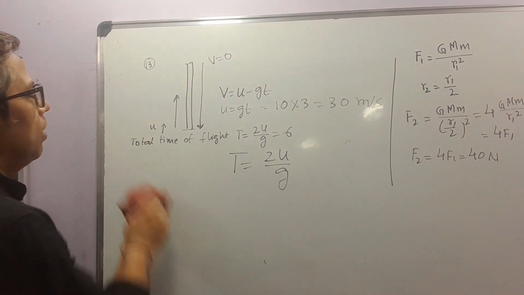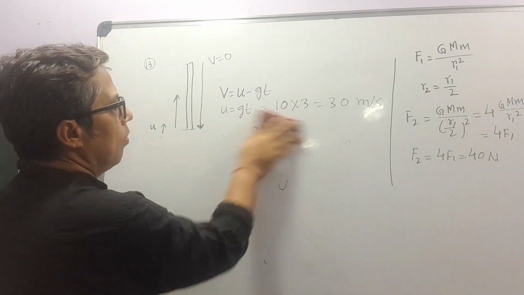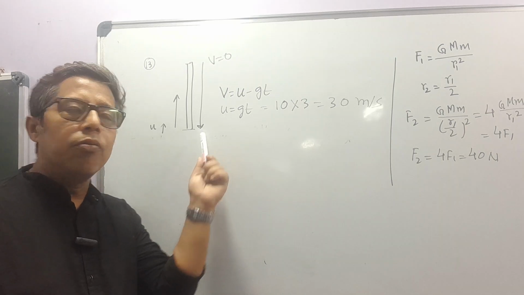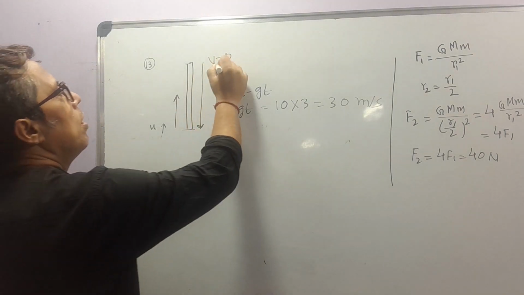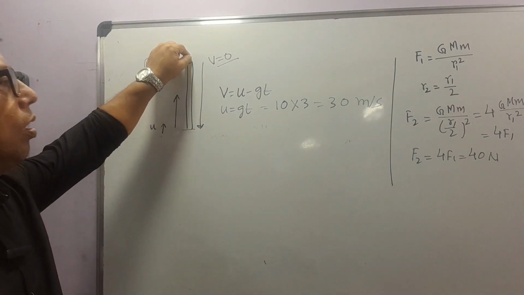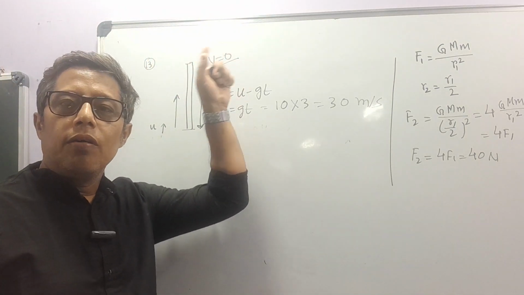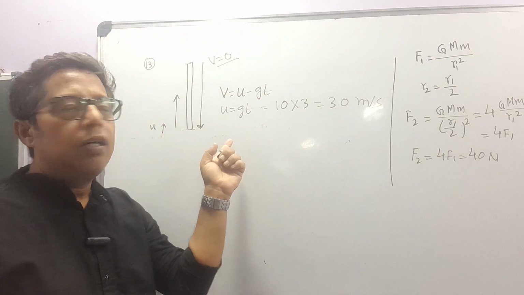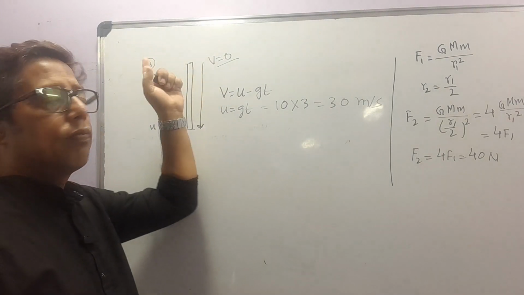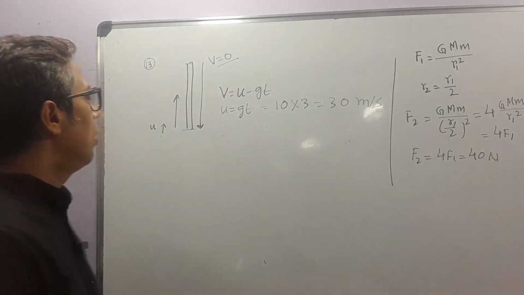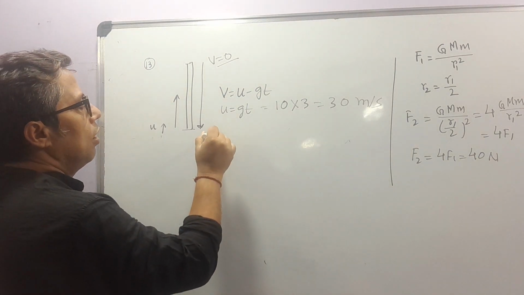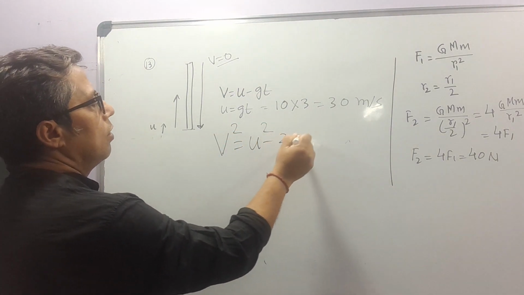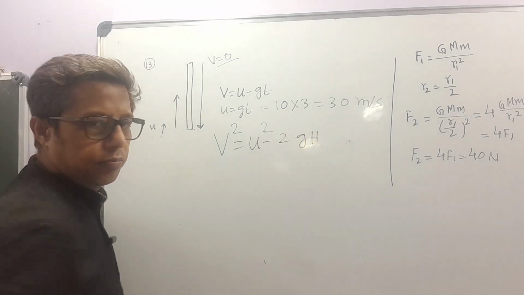Now, we throw the ball with velocity u and the final velocity will be 0 at the top, where the object is momentarily at rest, then again it will come back. So when the final velocity is 0, what will be the equation of motion? v square is equal to u square minus 2gh.